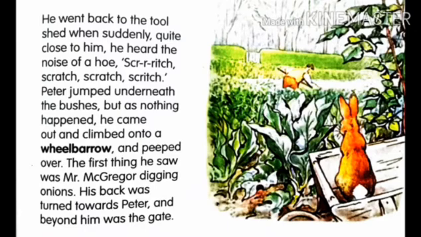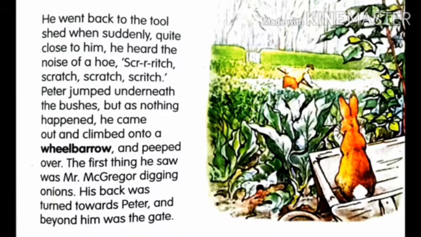He is digging onions, maybe the scratch sound came from that hoe which he is using to dig. Now his back was turned towards Peter, means he is not observing Peter, but Peter can see Mr. McGregor, and also a gate is there. Beyond him there was a gate. You can also see from the picture.